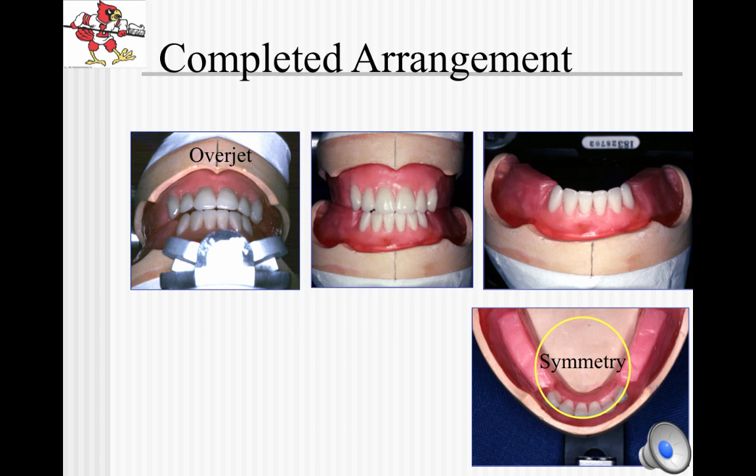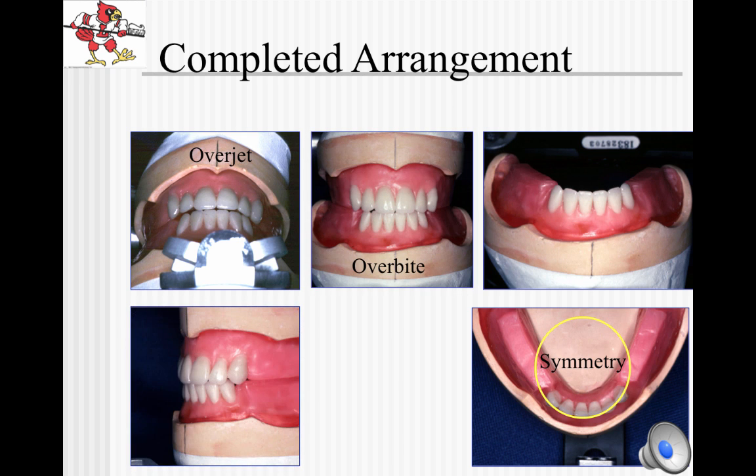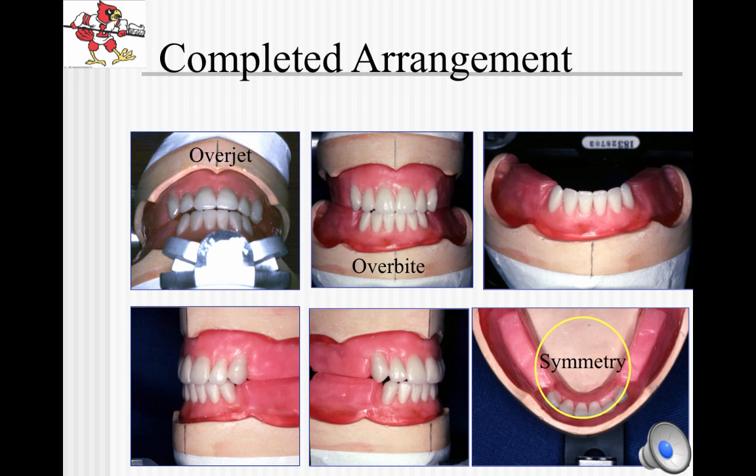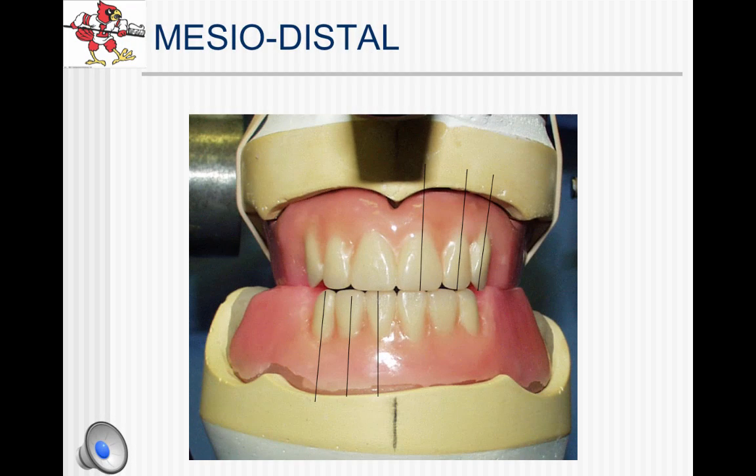The overbite may be 1 millimeter or very little or non-existent, with the incisal guide table and the plane being so totally flat. The teeth will show symmetry on the arc of the circle. The canines point back to the retromolar pad.